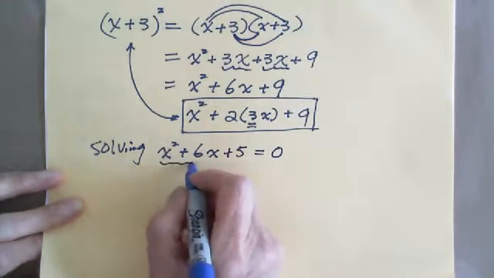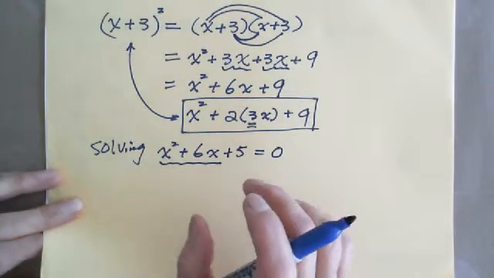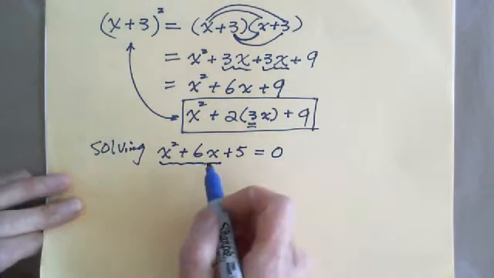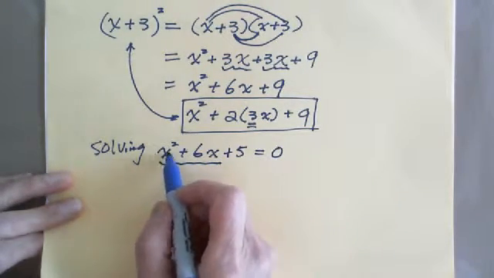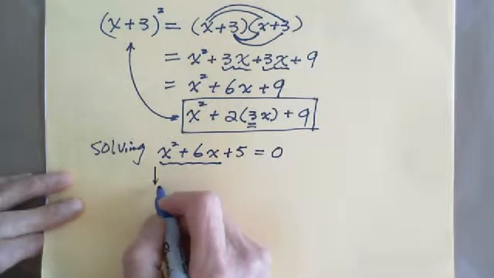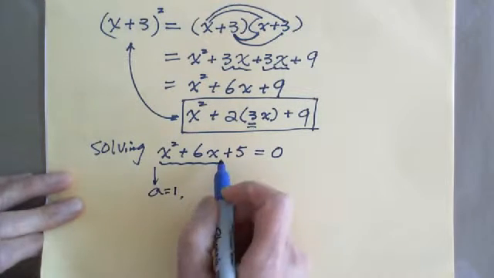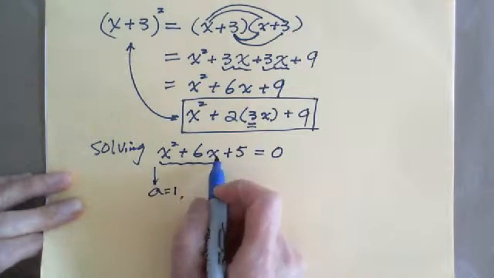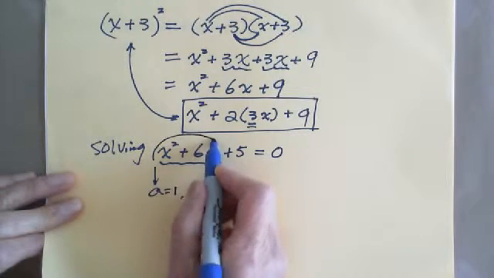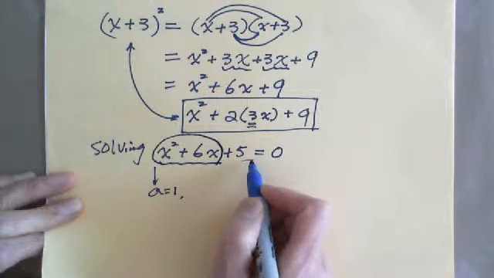When you're solving a quadratic equation using the completing the square method, first of all, the coefficient of x squared, a, is 1 here. And also, completing the square is only related to these two terms. It's not related to the constant.